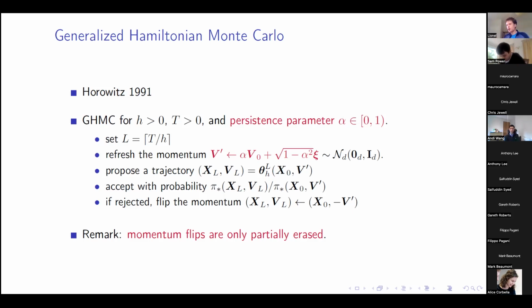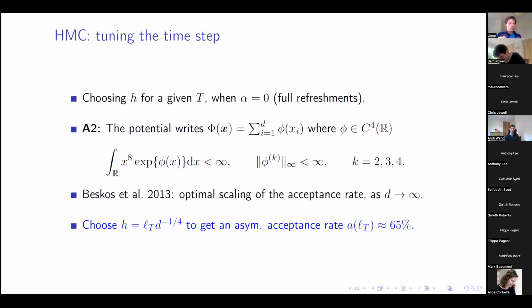Okay. Now let's discuss a bit about solutions that have been proposed in the literature to tune the parameters of HMC. So we've talked a bit about the problem of GHMC. So now let's remove the problem and just assume that alpha is equal to 0. We recover standard HMC, full refreshments, and we still want to choose the time step h and the integration time t.